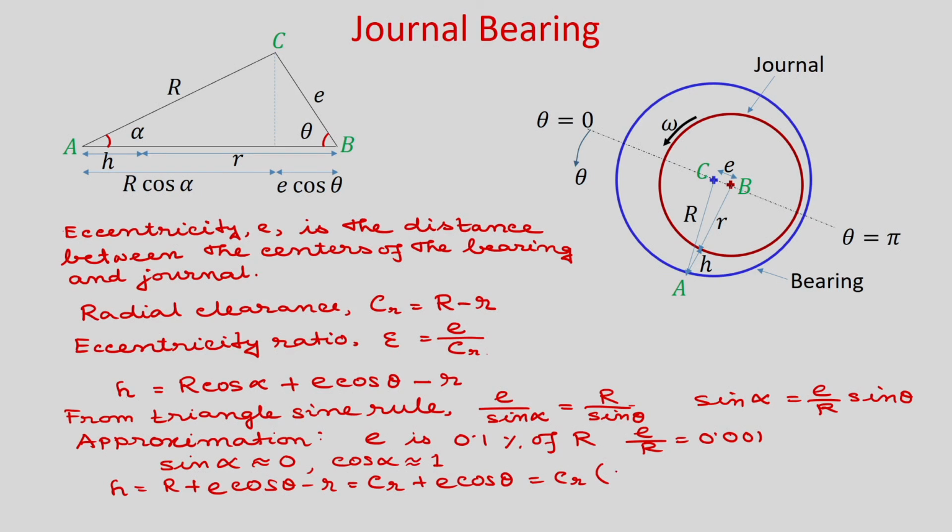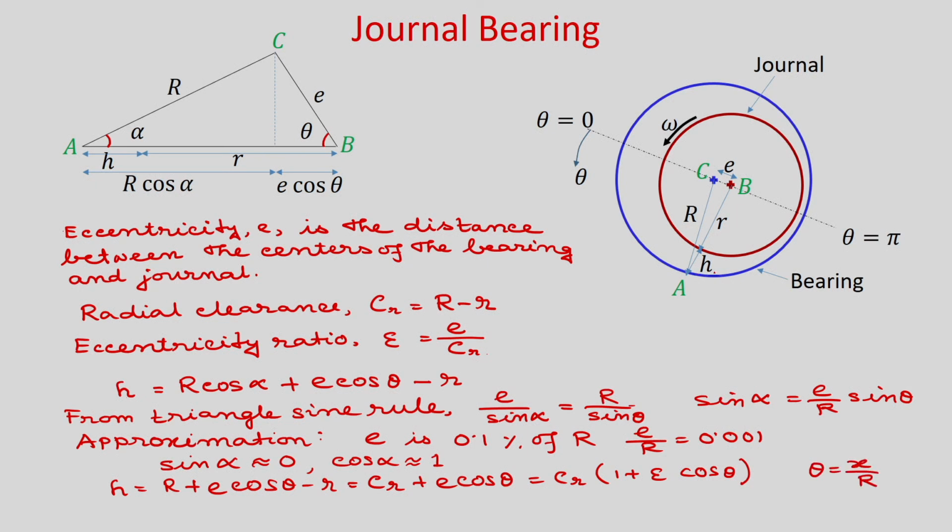So, you can write 1 plus epsilon cos theta. Okay. So, we have found the film thickness H as C r into 1 plus epsilon cos theta.